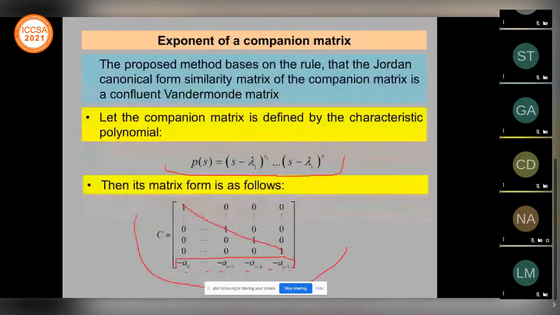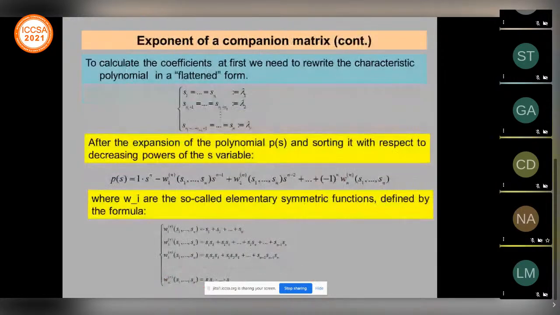To calculate the coefficients a0 to a(n-1), we first have to rewrite the characteristic polynomial in the so-called flattened form. It means that for each multiple zero, we apply a series of zeros which are equal to each other.